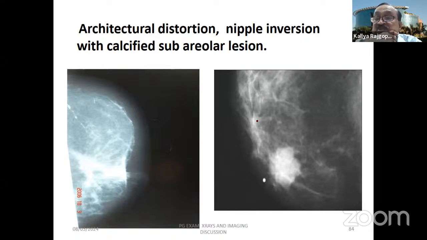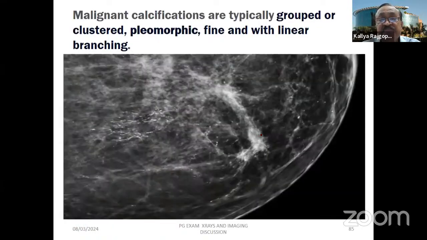So this is a diagnostic mammogram, and you are pretty sure here that this is almost BI-RADS category 5. So they are almost sure that these are the features of a mammogram in a malignancy.